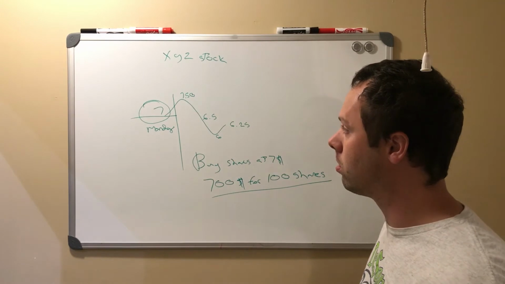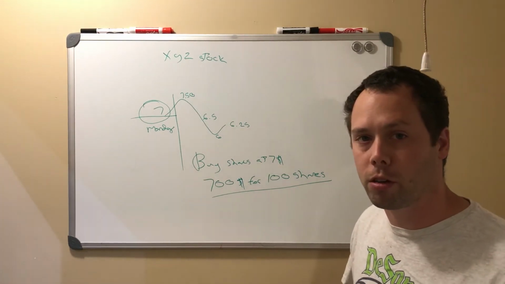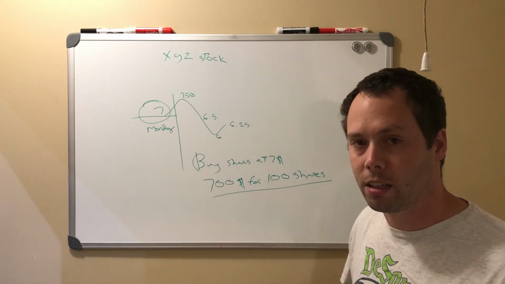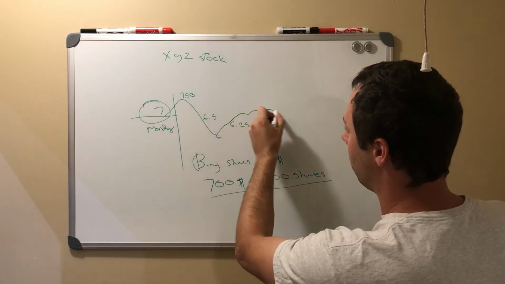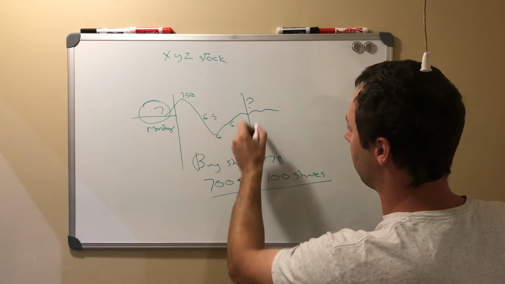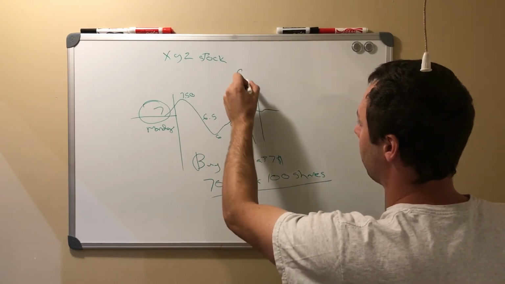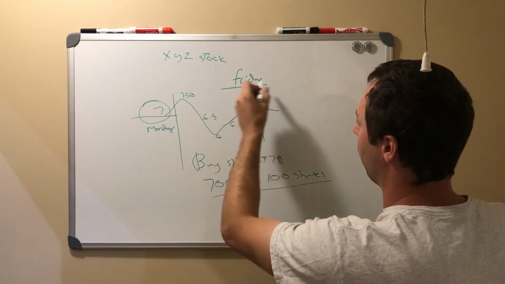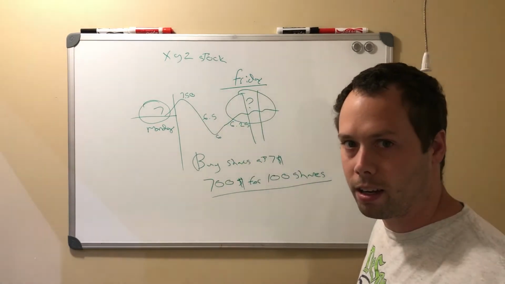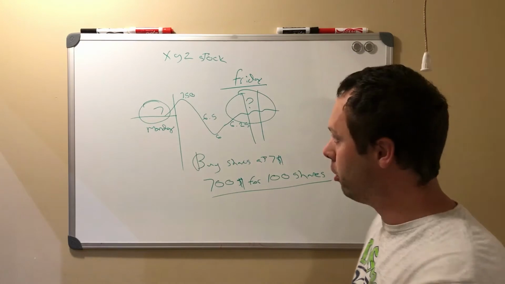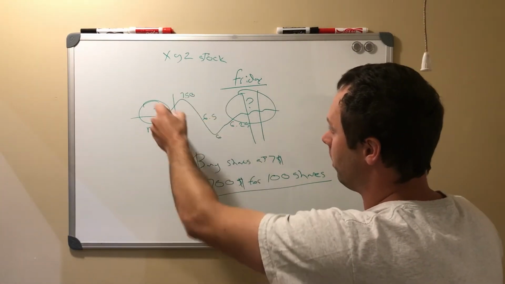So I'm going to sell, and as an options writer, you think about Friday. So you'll think about this time period out here, just Friday. Where will the stock be on Friday? You don't care about the rest of the week.